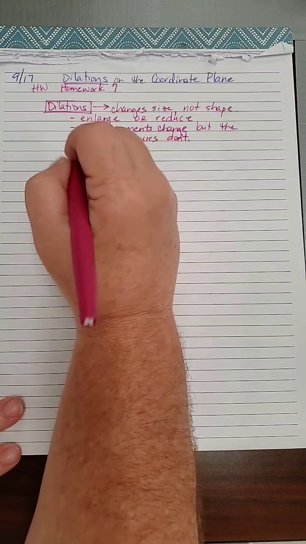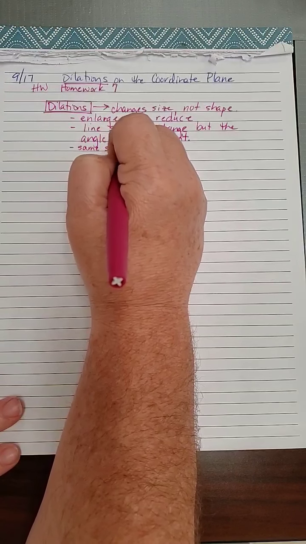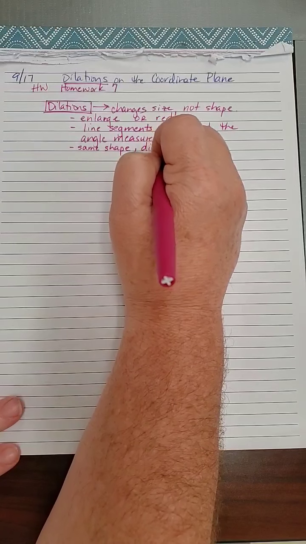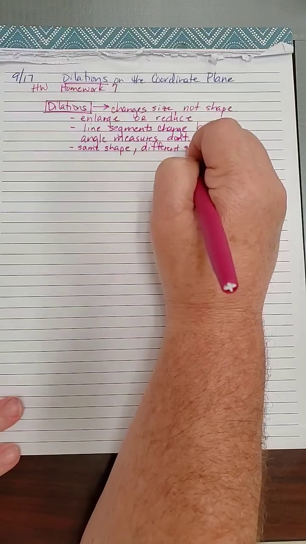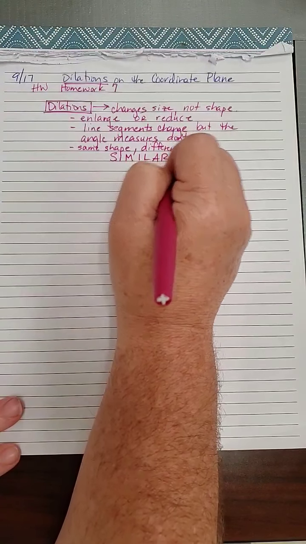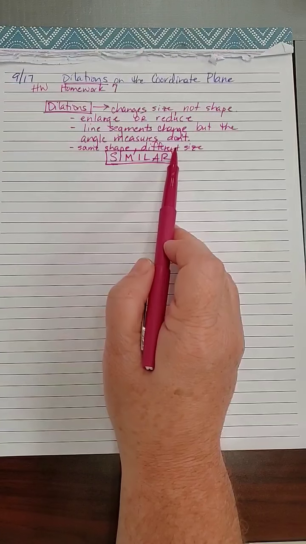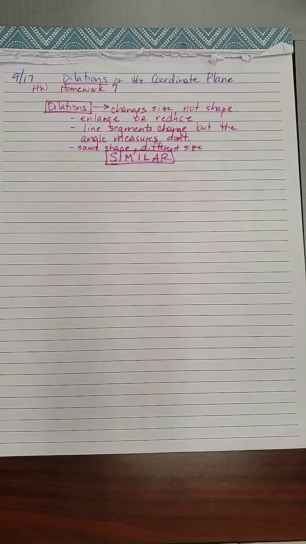We call this same shape, different size. We call that similar. So where congruent is same shape, same size, similar is different size. Got that little interruption, but similar figures means same shape, different size. That's different from congruent, because congruent we know means same shape, same size.